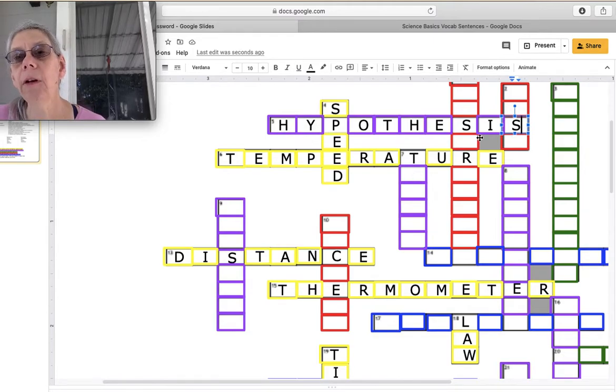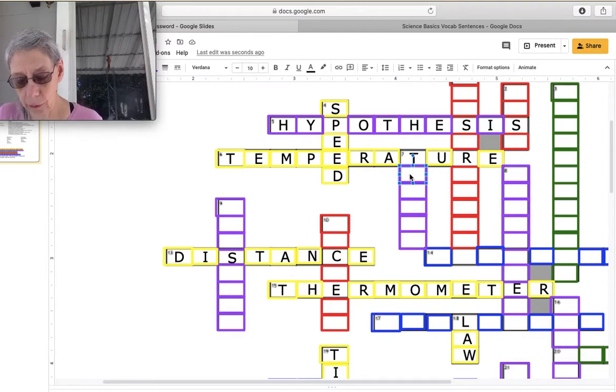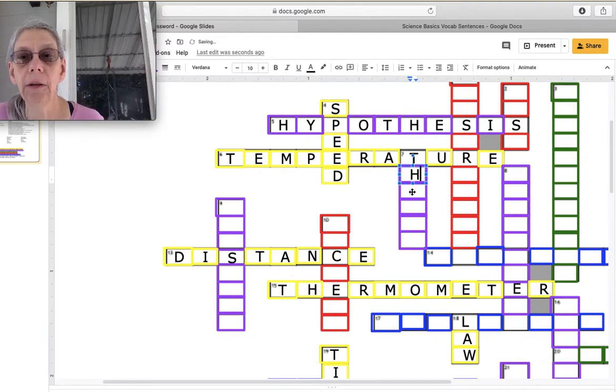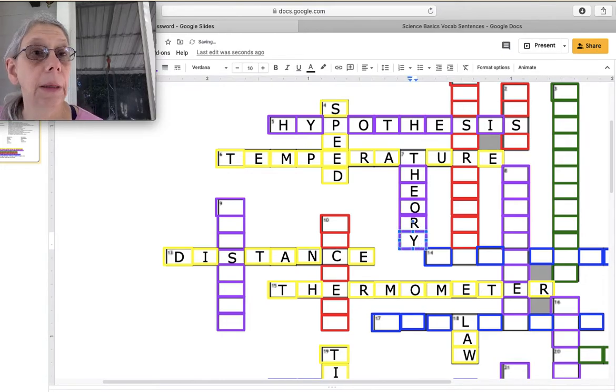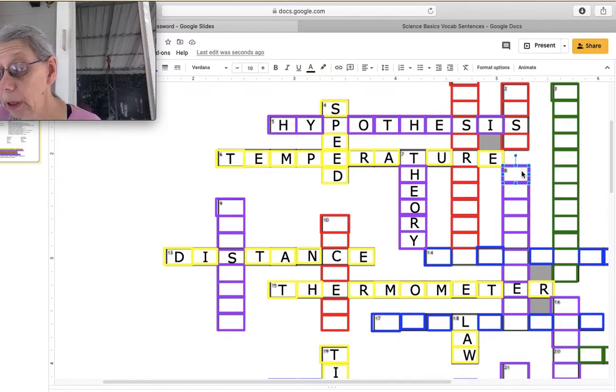So if you test enough hypotheses that are related and they keep coming out the same way, you have now done this. It's a theory. Atomic theory, cell theory, Big Bang theory. All of those.